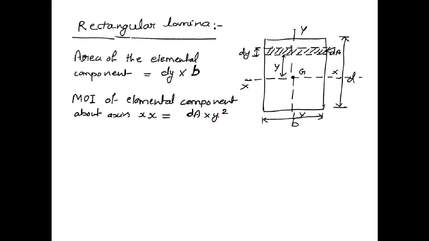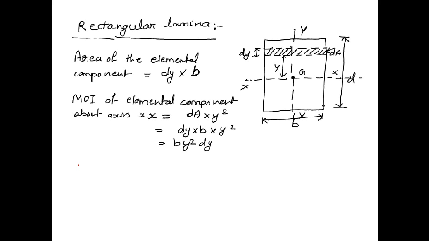The area of this elemental component I already found: dy into b. So in place of dA, writing dy into b, it will be dy into b into y square, so it will be b y square dy. This is the moment of inertia of the elemental component about axis xx.